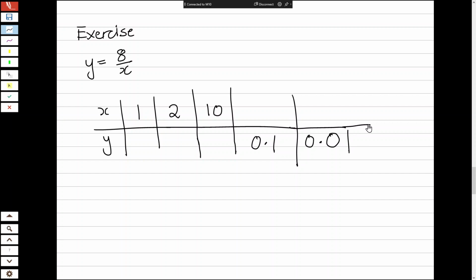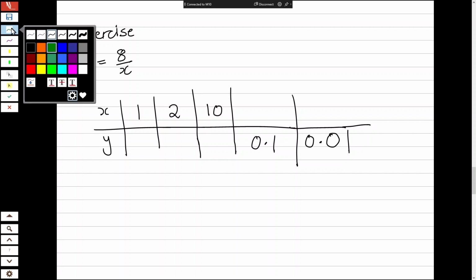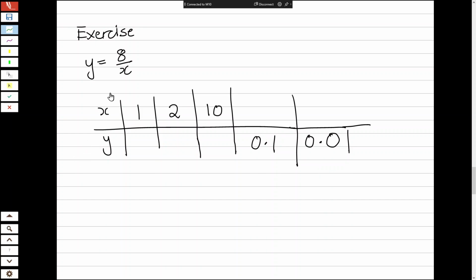So the first one's 8, the second one's 4, and then the third one is 0.8.